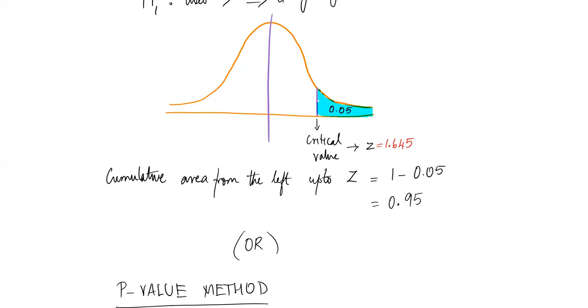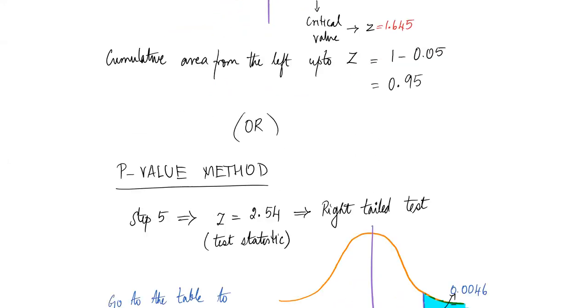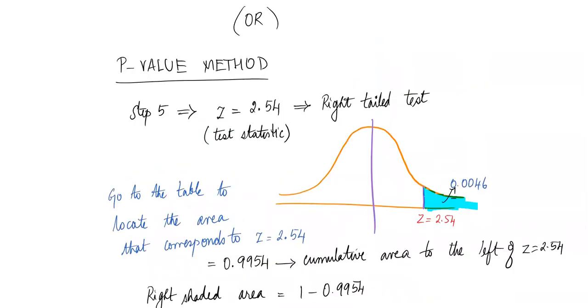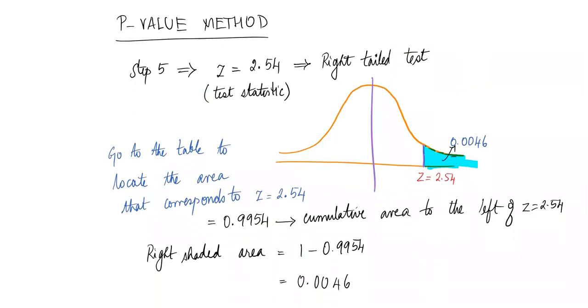Okay. So quickly, for your critical method, you had the area already from your alpha as 0.05. From that, you used the body of the table to find the corresponding z-score. In the p-value method, you use the z-value from step 5, the test statistic, and you use that in the table to find the corresponding area. And we had to do a little calculation there because the area that the table gives us is cumulative area from the left.